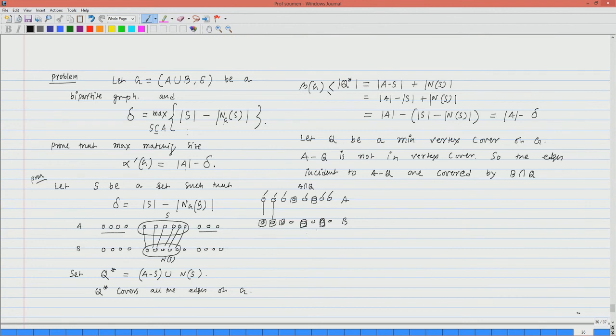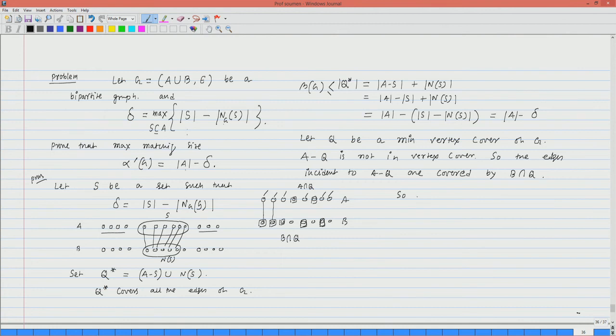So, these are basically B intersection Q, and the edges from A minus Q must be covered by B intersection Q, because Q is a vertex cover. Okay.